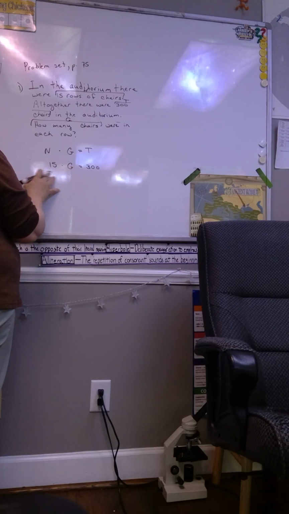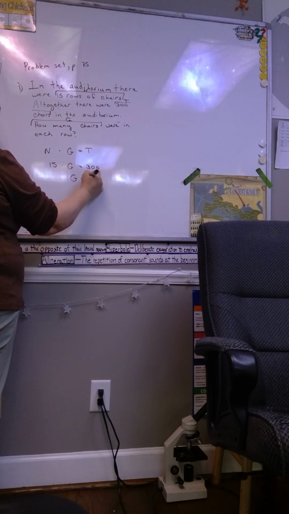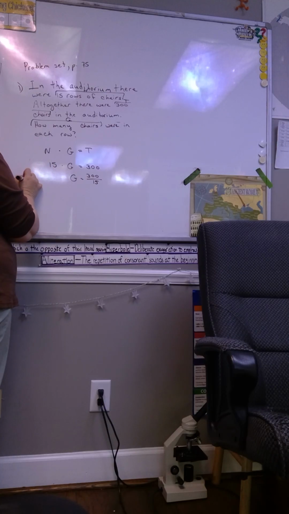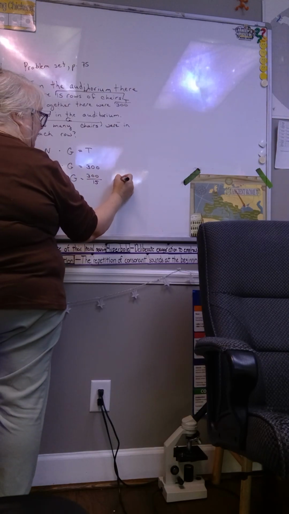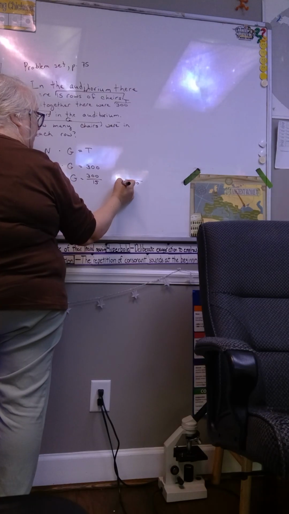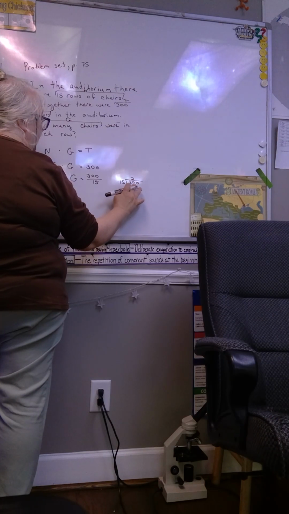And to find G, this is being multiplied, so I would divide 300 by 15. So let's do this over here. 15 divided by 30 twice. Whoops, that makes 30, not 15.